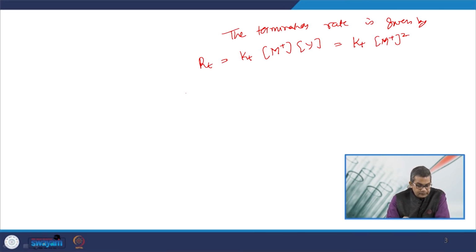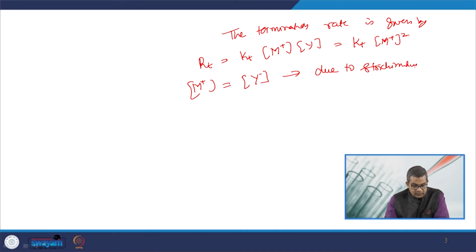Here this M plus is equal to Yi. This is due to stoichiometry in the radiolytic reaction.